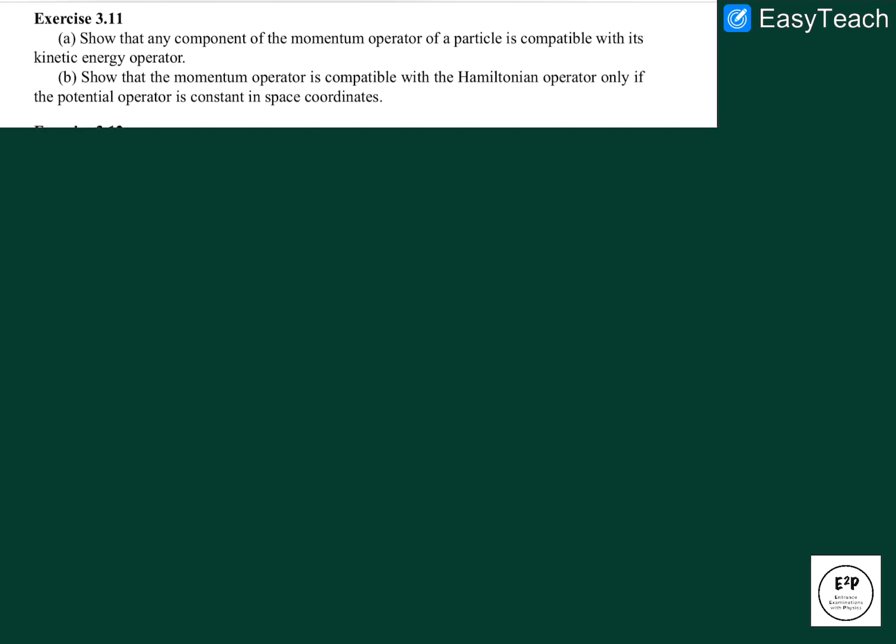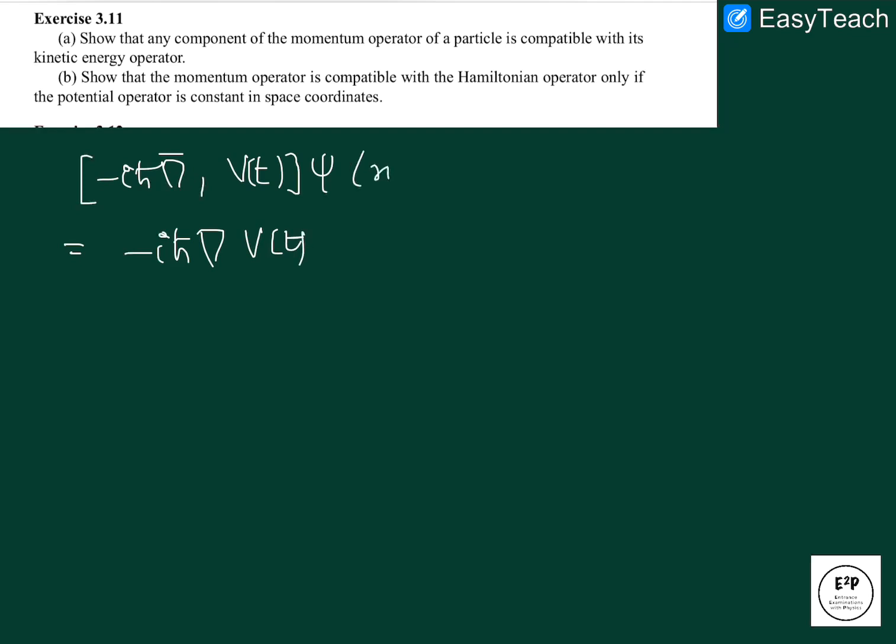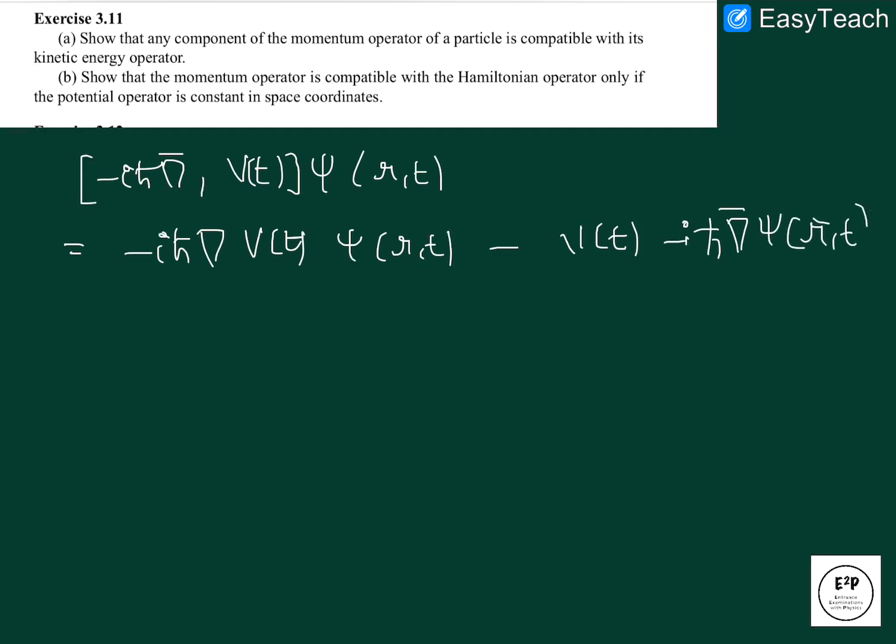Now let's expand this commutator with some test function psi. So minus i h cut gradient into V of t into psi equals minus i h cut gradient V of t psi, where psi is dependent on some position r and t, minus V of t minus i h cut gradient of psi of r, t.